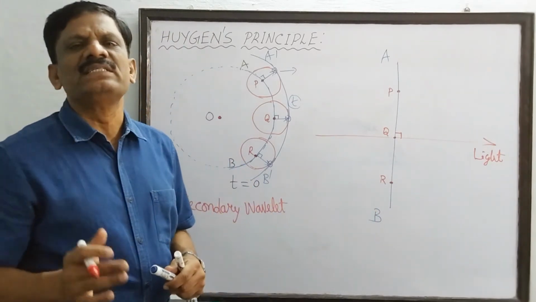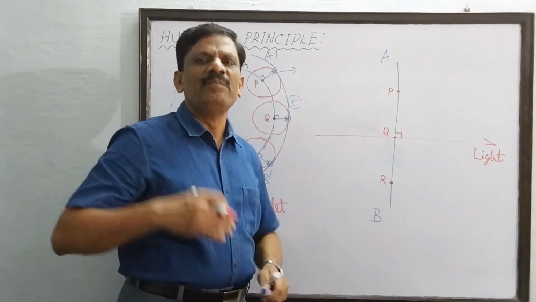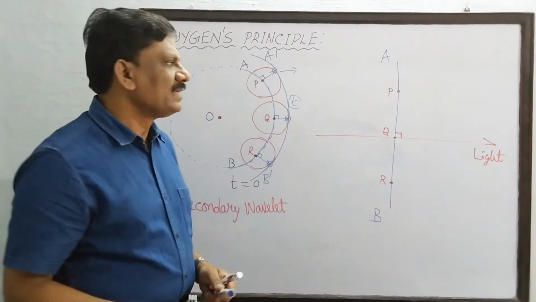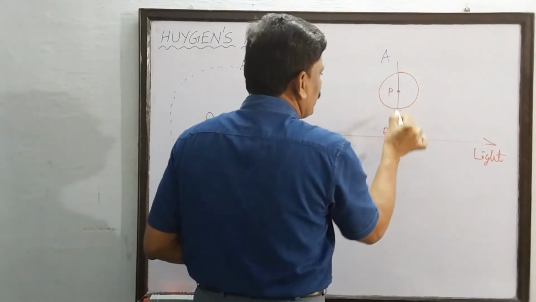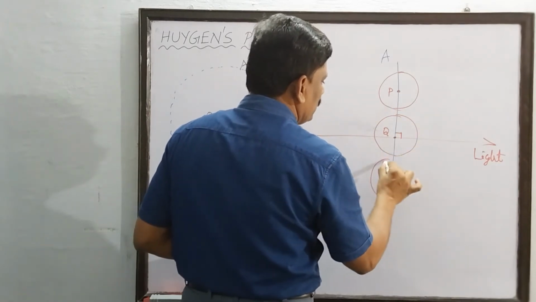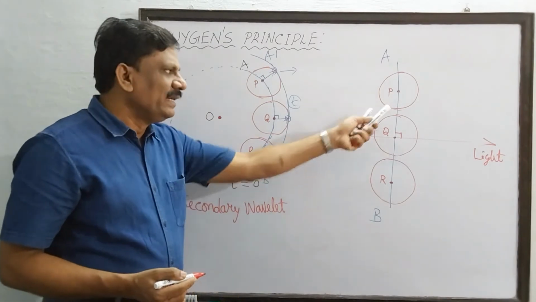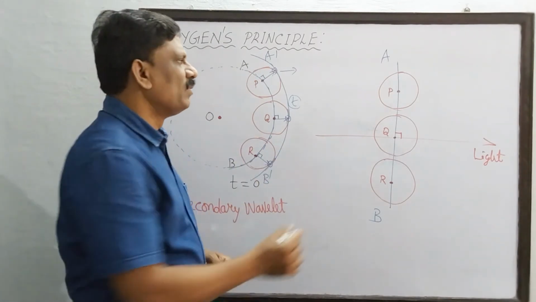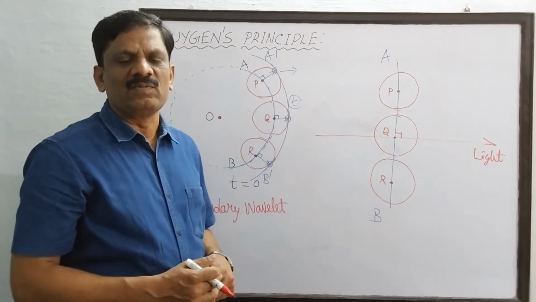So according to Huygens principle, these points P, Q, R will behave like point sources. As a result, they will emit light in the form of small spheres. So these are point sources, and they are emitting the secondary wavelets. These small spheres emitted by P, Q and R are called what?